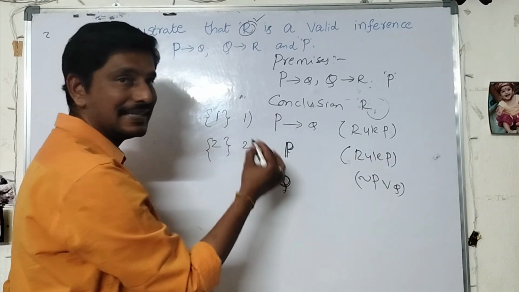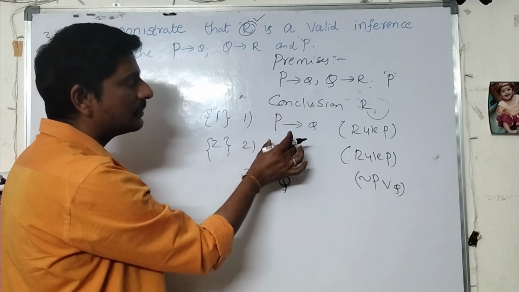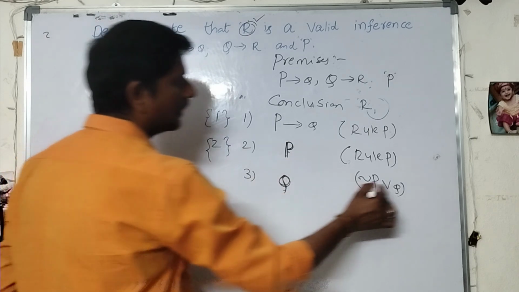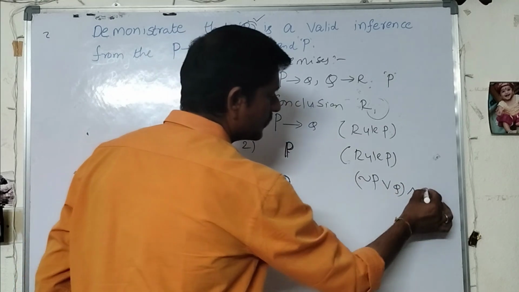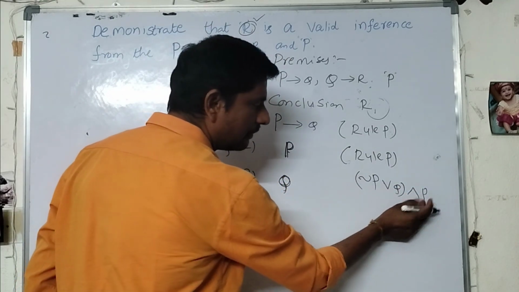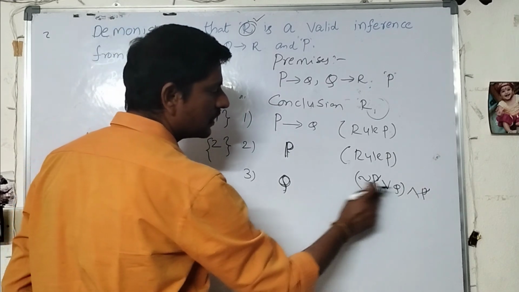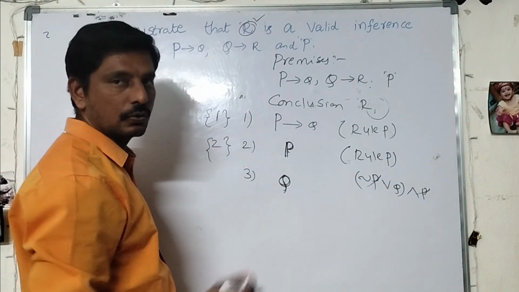Always we use conjunctions between these premises. Conjunctions between these premises will give the conclusion. So negation P or Q, and P. Here clearly negation P and P get cancelled, because negation P and P is false. False or Q is always Q. True, right?